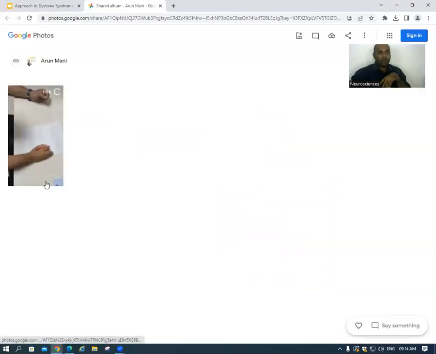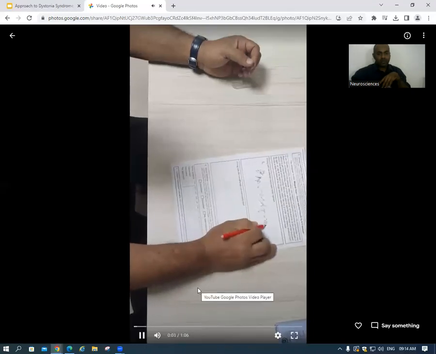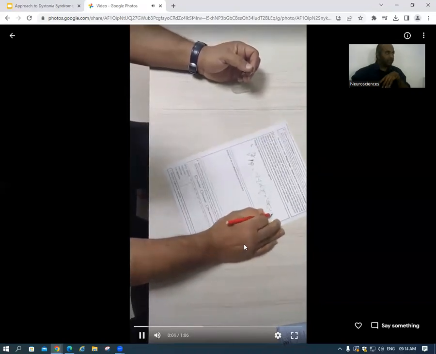We'll see a video. So as we see, it's an extensor type.